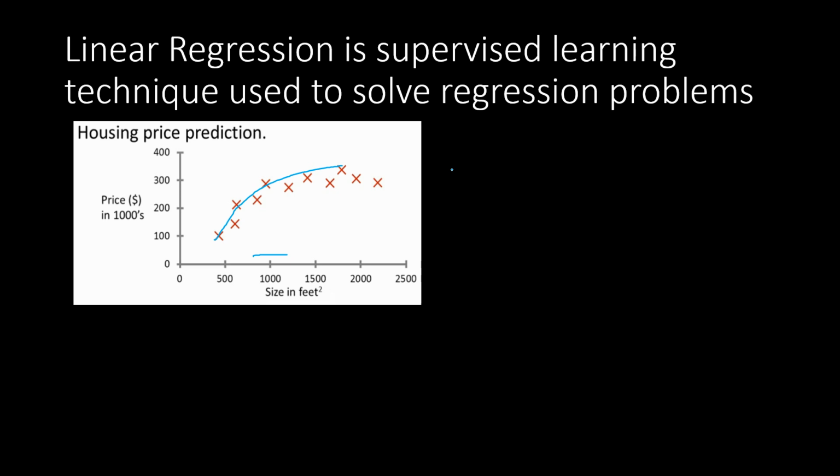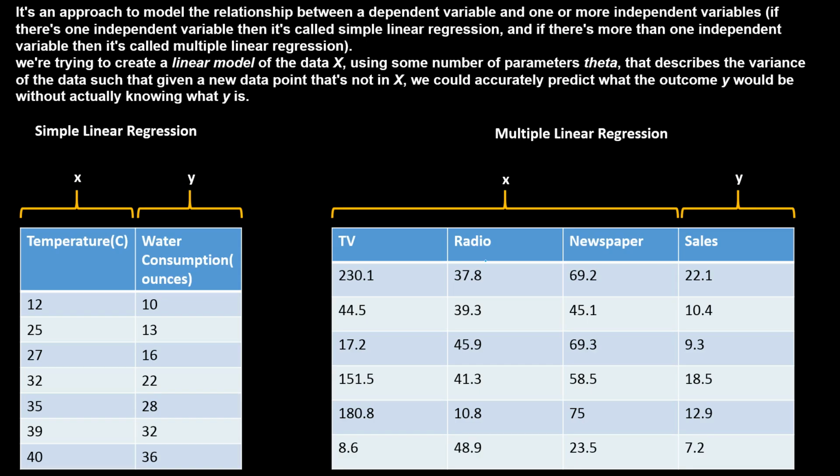Okay, so let's see. We can define linear regression as a way of modeling between the dependent variables and the independent variables. Based on that, we have two types of linear regression: simple linear regression and multiple linear regression.